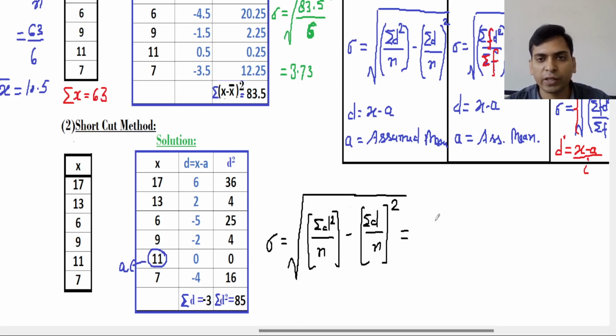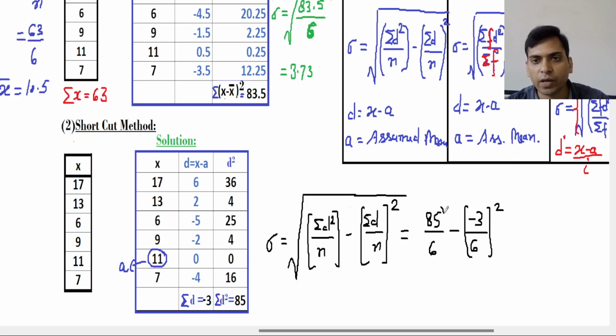Summation d square is 85, and n is 6 observations, minus summation d, which is minus 3, divided by 6, bracket close and squared, then we take the complete square root. Again you will see the answer is 3.73.